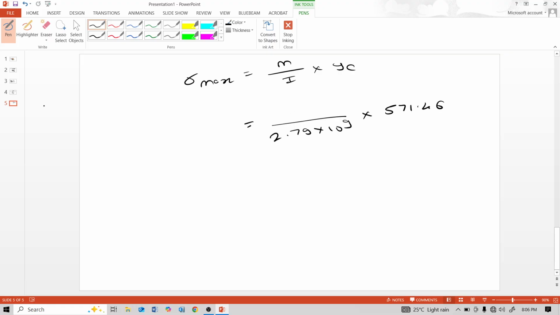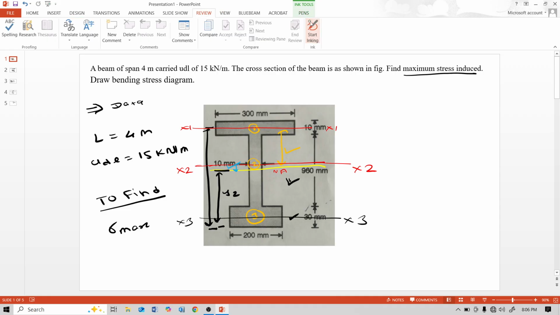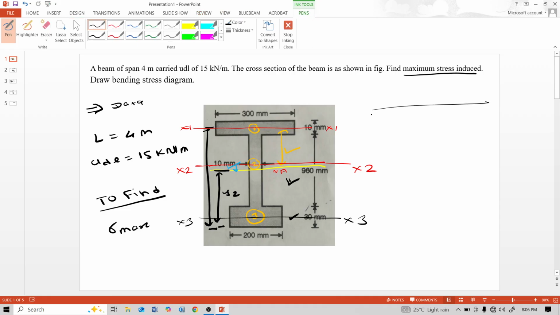What is moment? So see, in the numerical they have given us beam length is 4 meter, and UDL is 15 kilonewton per meter. Use simply supported beam bending moment formula, WL square by 8.